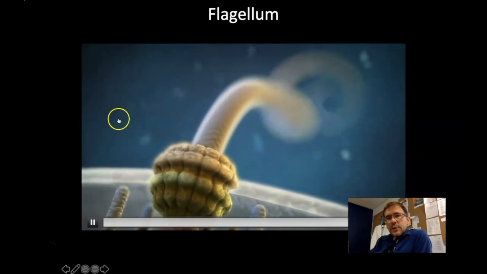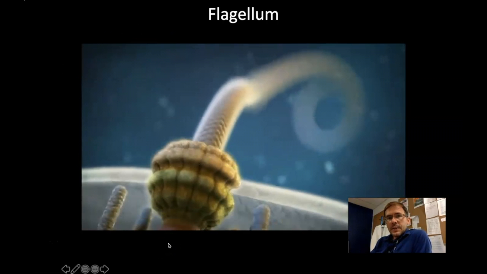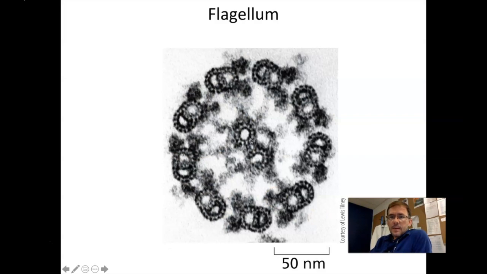And if you look at the structure of a flagellum, like a cross-section here, this is a transmission electron micrograph, so this is electron microscopy. If you take a cross-section of a flagellum, you can see that it's highly organized.